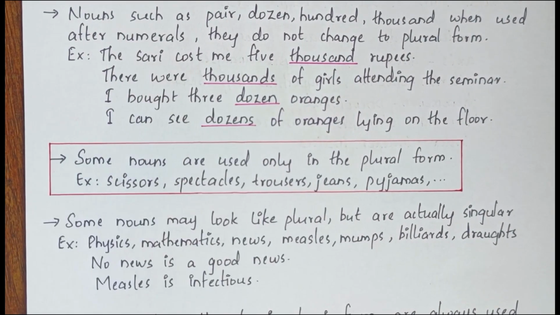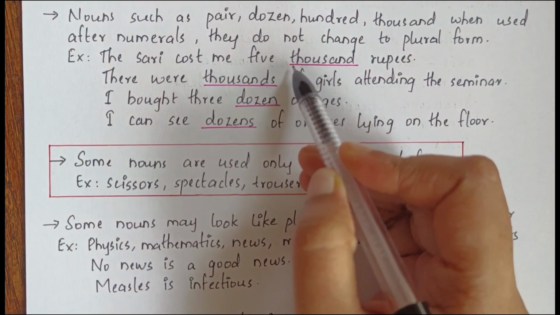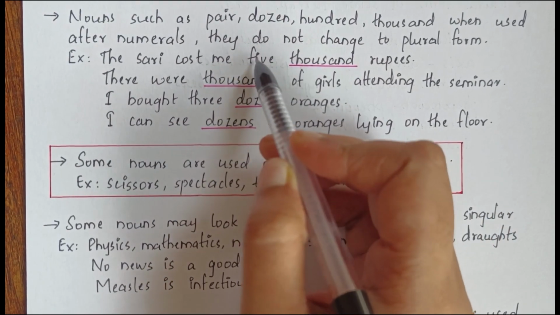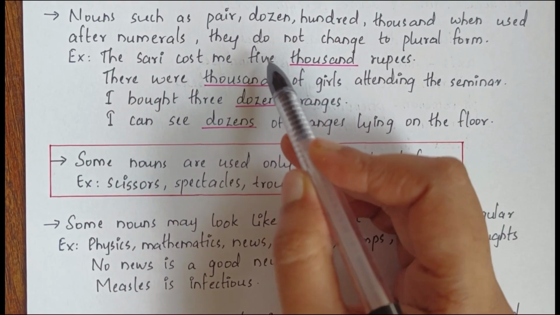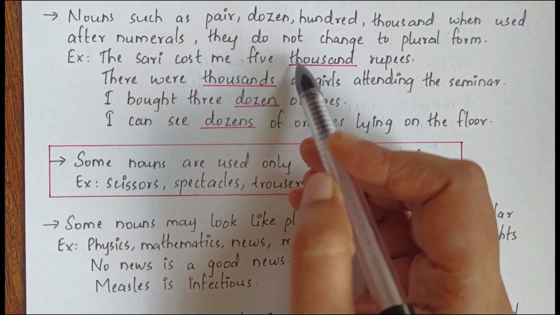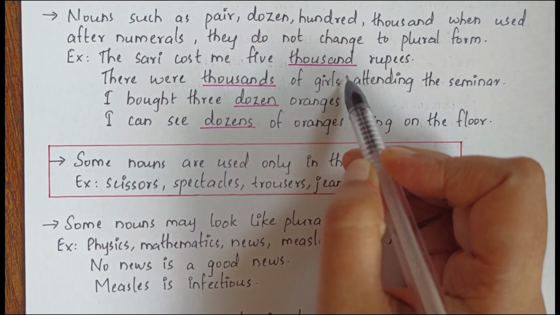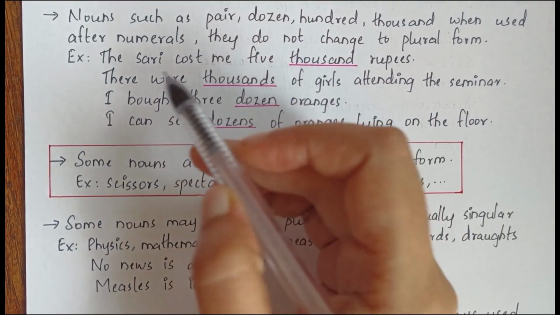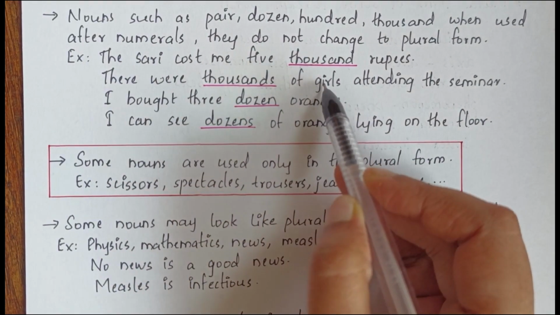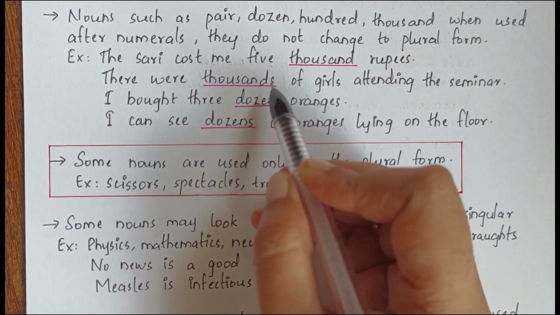For example, the sari cost me 5,000 rupees. Here the thousand is preceded by a numeral, that is 5. So although 5,000 is actually plural, when a numeral is there before the word thousand, we should not add s here. But when there is no numeral before it, like in this sentence, there were thousands of girls attending the seminar, here we can add s.